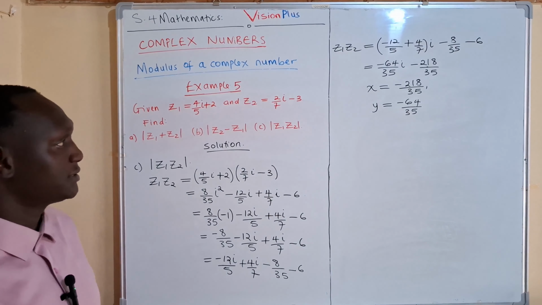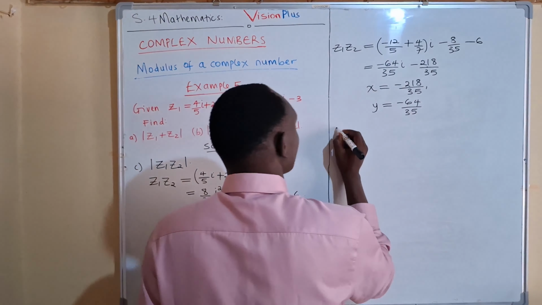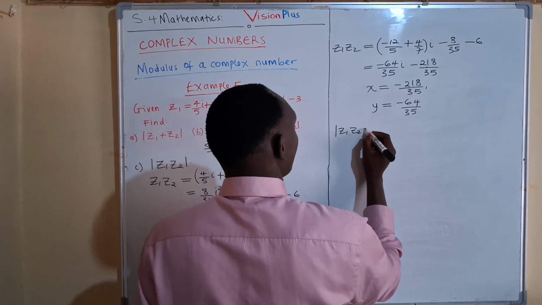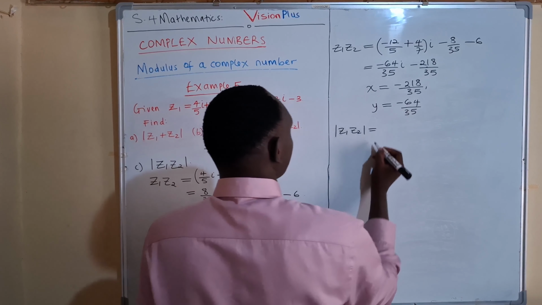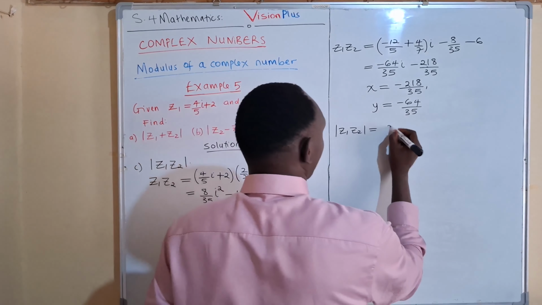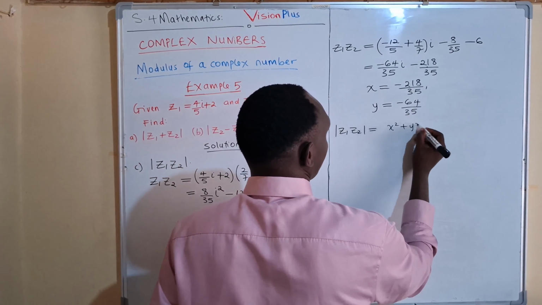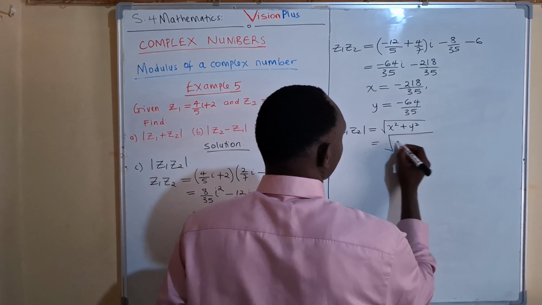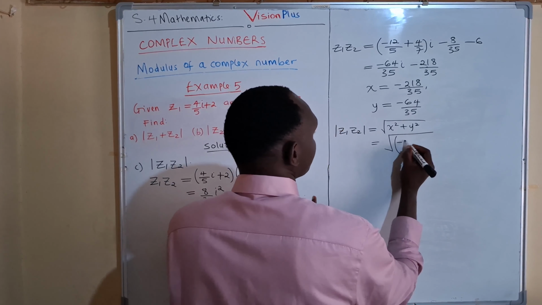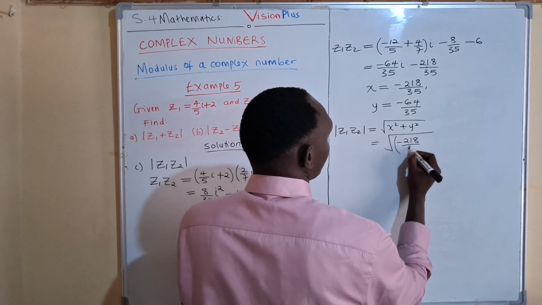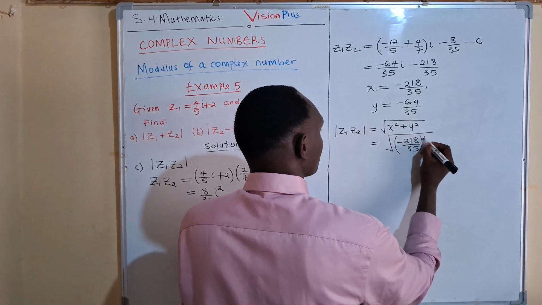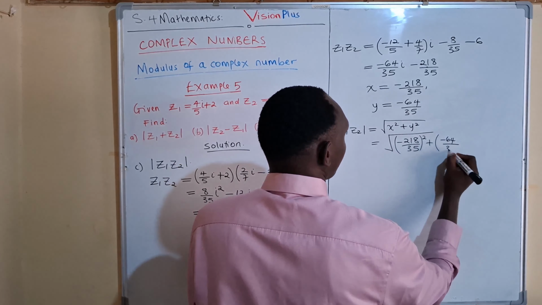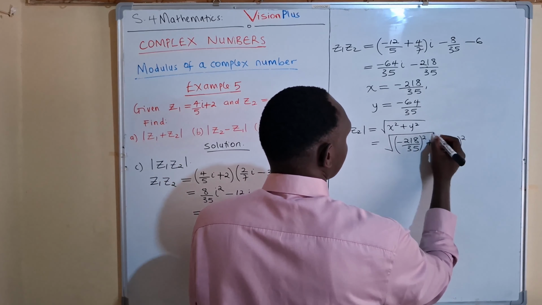After this now, then you say magnitude of Z1 Z2 is going to be the same as the square root of x squared plus y squared. This means that here we're going to have, what is x? x is negative 218 out of 35, but remember to square it, plus what is y? y is negative 64 out of 35, don't forget to square it.